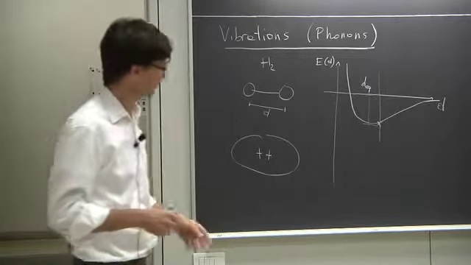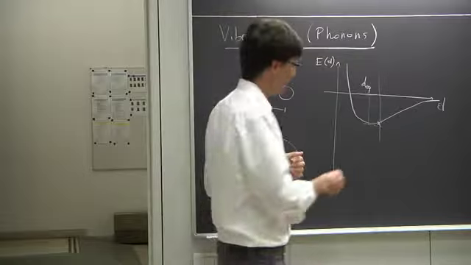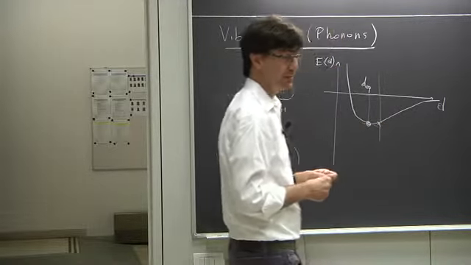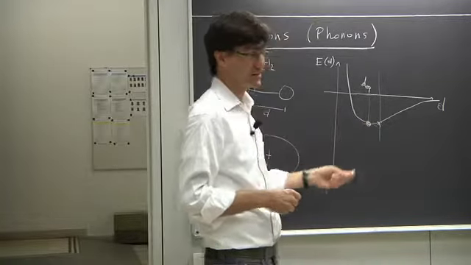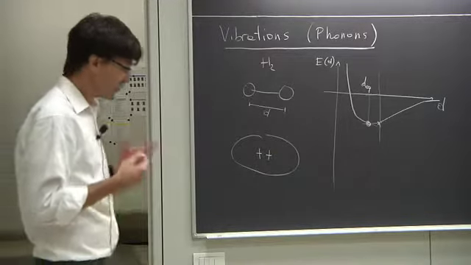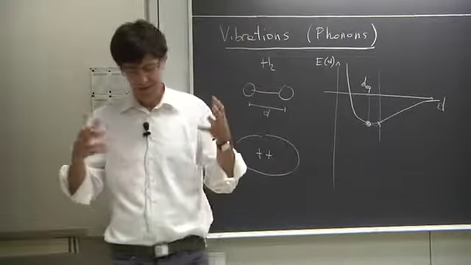Now, a molecule like this, if you take two atoms like this, what this curve is telling us is that there is an equilibrium state for the system, and the equilibrium state is when the distance is this and the binding energy is maximized. That's the minimum state. But of course, as you certainly know, molecules are never in their precise, ideal minimum.